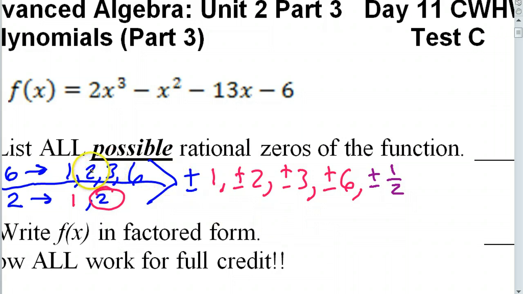I start to do 2 over 2, but what happens with 2 over 2? That's just 1. I've already got plus or minus 1, so I don't need that. 3 over 2 is new, so I go ahead and write that down. Plus or minus 3 over 2. What about 6 over 2? No, because that's 3 already. We already have that. So that's the complete list right there.